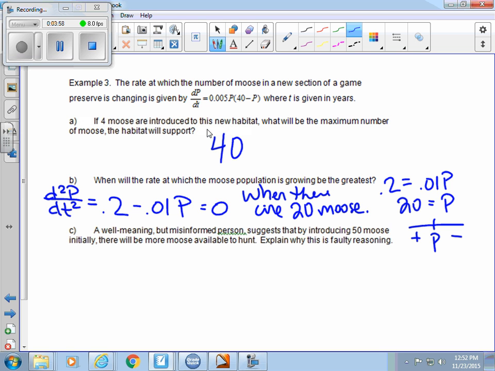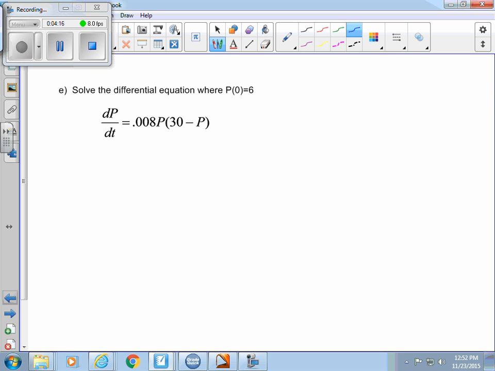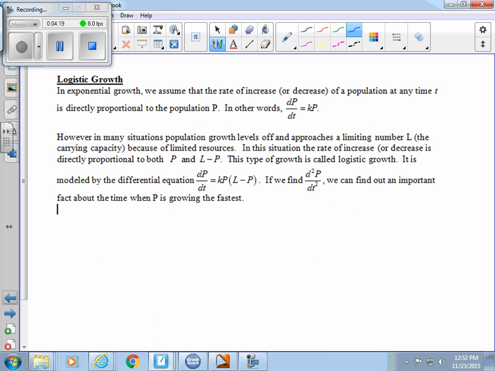A well-meaning but misinformed person suggests that by introducing 50 moose initially, there will be more moose available to hunt. Explain why this is faulty reasoning. The habitat can't support that much. So let's go back now. This is a different question, but it's still a logistic differential equation.